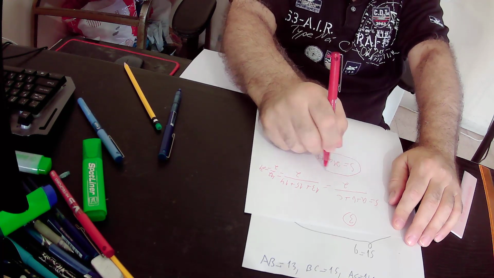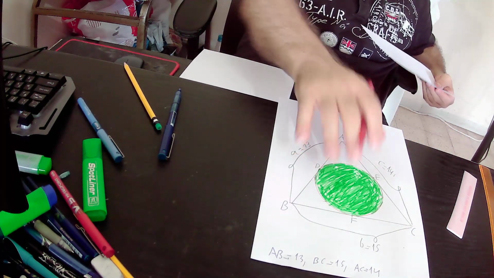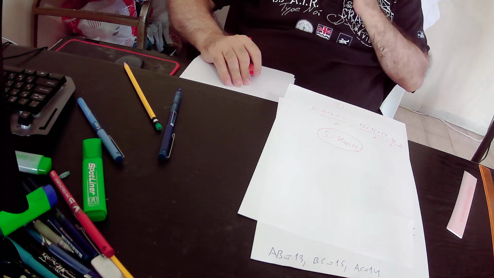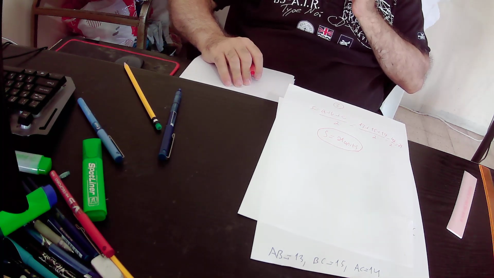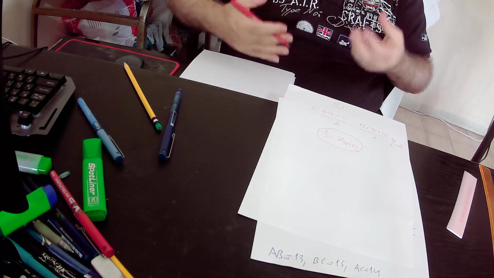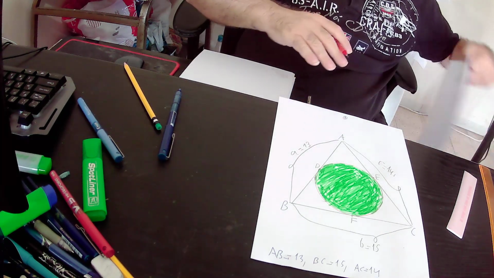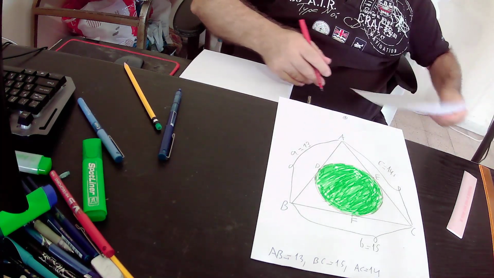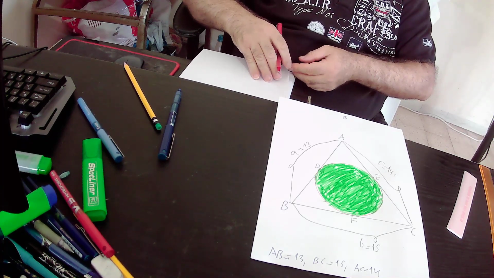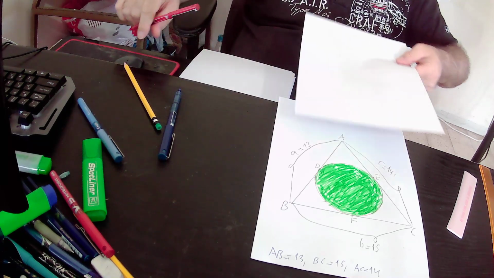Okay, again, the semi-perimeter of our triangle ABC equals 21 units, and in the next step we will find the area of triangle ABC according to a special formula that is valid for any triangle.